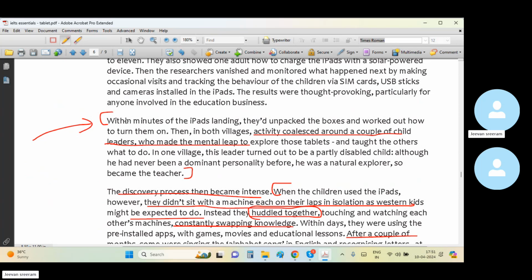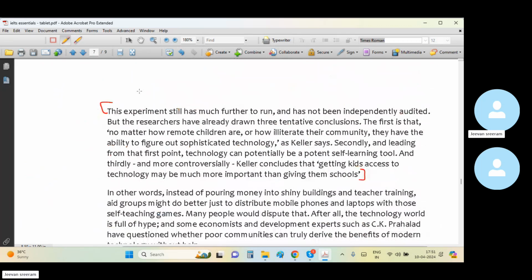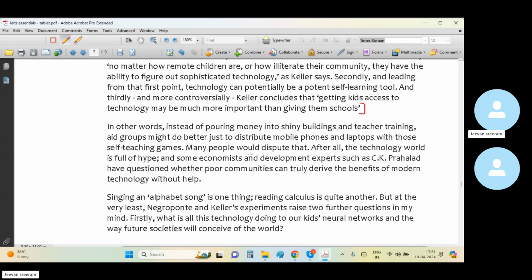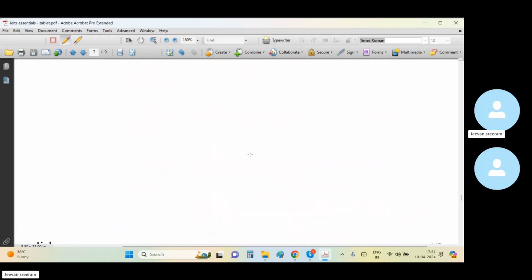Please work on this paragraph and also, on the next page, the one that says this experiment still has much further to run. These two paragraphs are enough to handle the summary completion task.